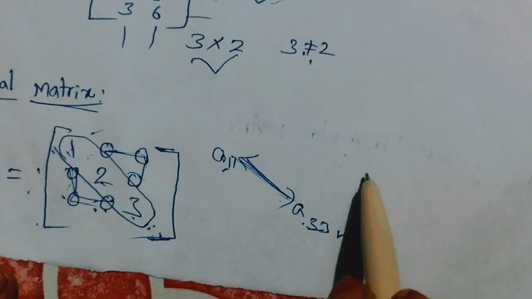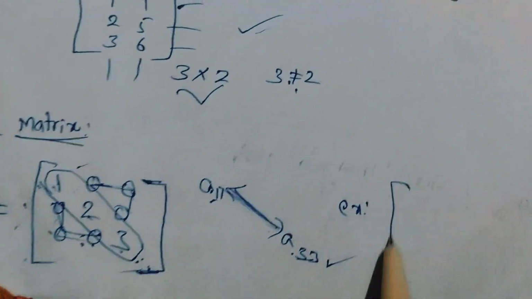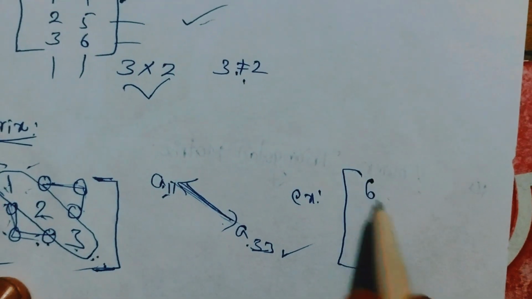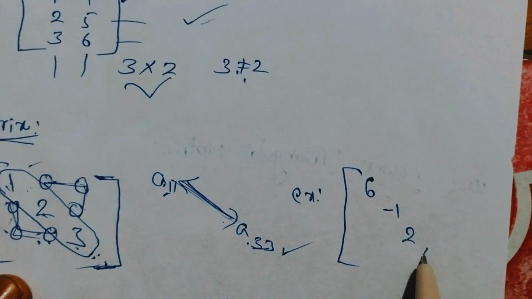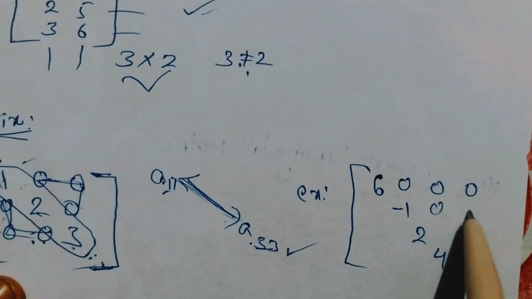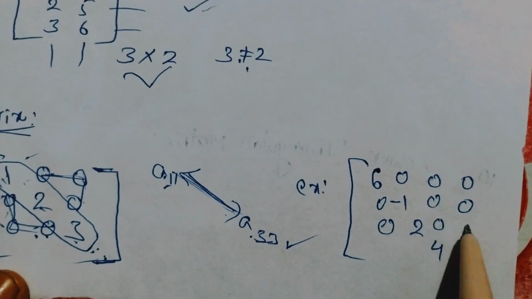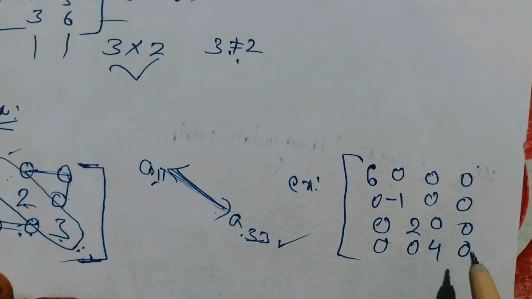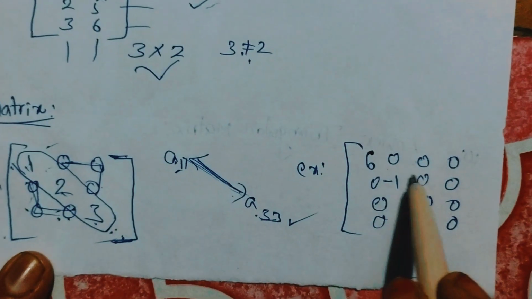Another example is a 4 by 4: take 6, minus 1, 2, 4. Remaining all other elements are zeros.